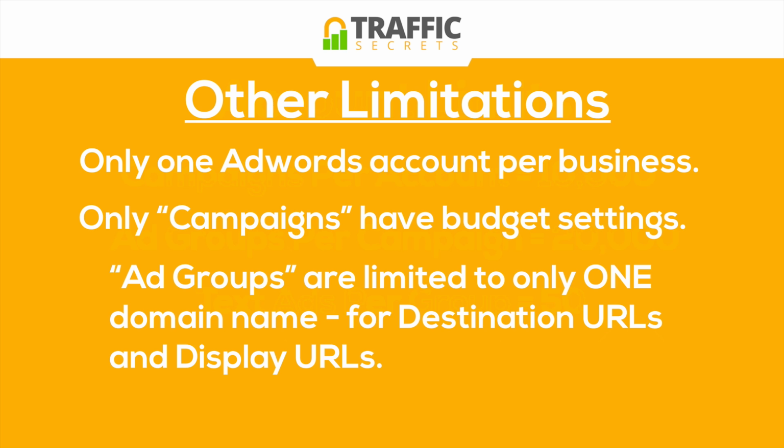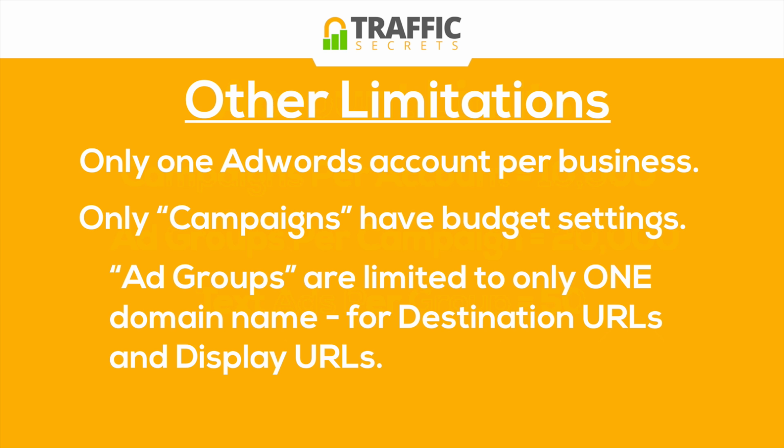There are some creative controls within what are called automated rules that we'll go over, and there are some ways to creatively use those to control budgets within ad groups, kind of, but I don't recommend it. When we get to how to structure things and what our strategy is going to be, you've got to keep in mind that campaigns are very powerful because of those budget settings.